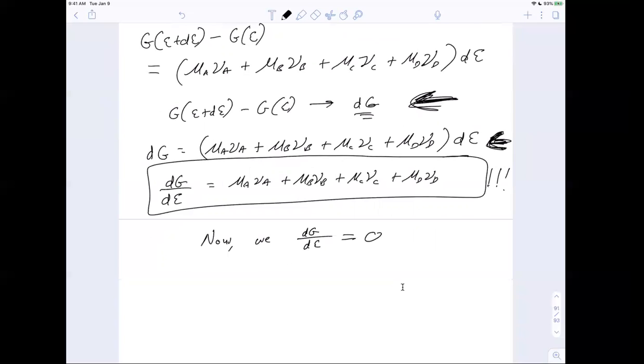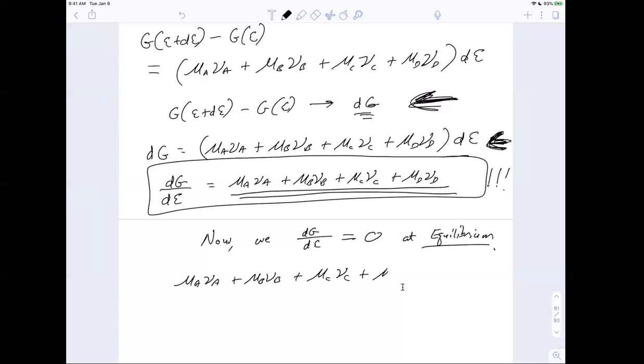So at equilibrium, we know that this sum of products is going to equal 0. So the stoichiometric coefficient of A times mu sub A, plus this term, plus that of C times mu sub C, plus that of D times mu sub D, is equal to 0.